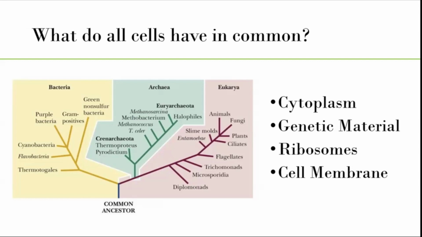Then every single cell has to have genetic material to dictate and organize what happens in the cell and what type of cell it is. You need to have ribosomes because we need a way to turn that blueprint of the genetic material into a physical structure. That's what ribosomes do.